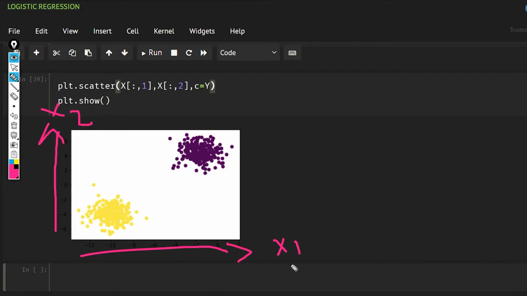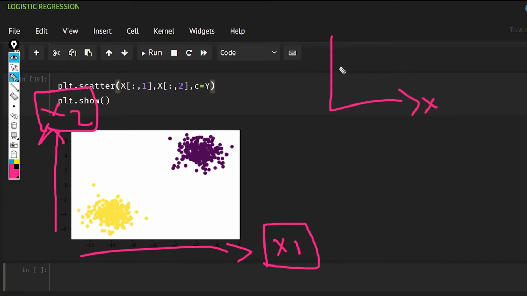So what I'm going to do is generate the values of x1, and predict the values of x2. Now how are we going to do that? Let's take the example of the normal x and y. We had the values of x, we used to pass this value, and we used to get a result, y prediction.